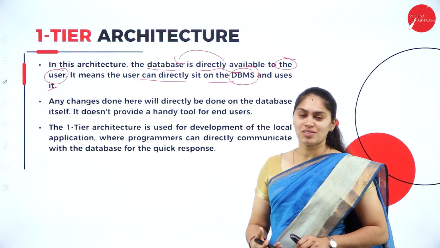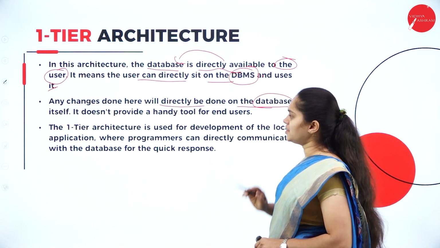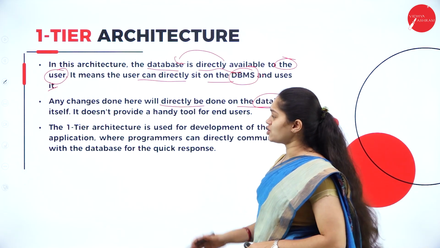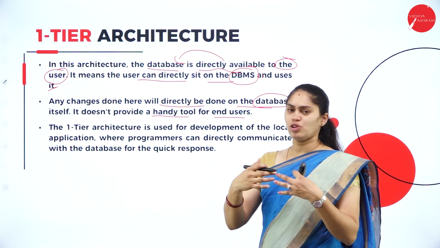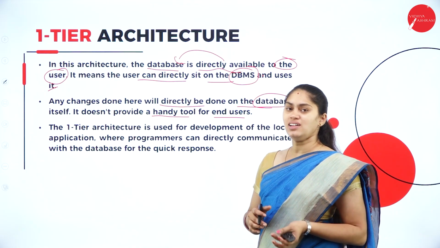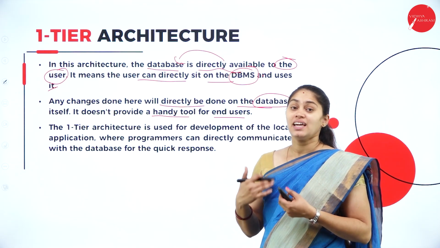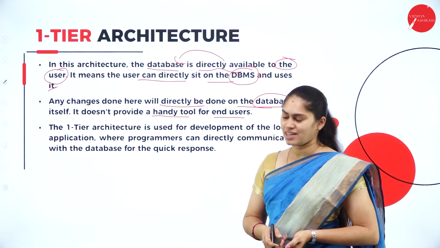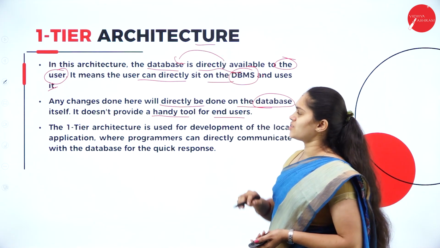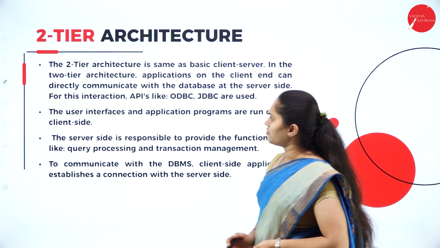Whatever changes we make in a database are going to be done on the database itself. It also does not provide any handy tool for the end user. In between, we don't have any other tools in order to use the DBMS. Directly, we are working with the DBMS content. If we make any changes, that will directly affect the DBMS itself. Then we call this kind of architecture one-tier architecture.